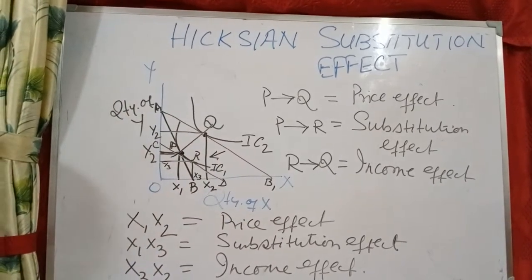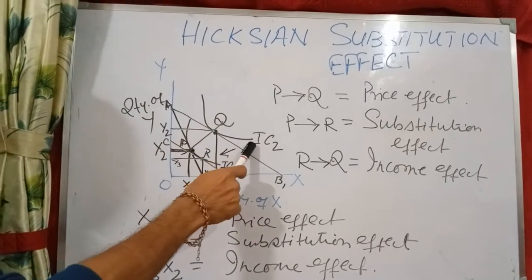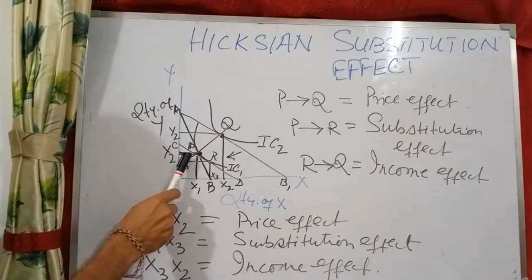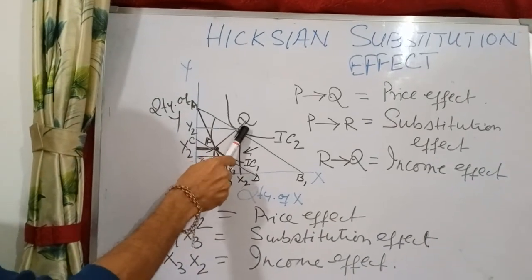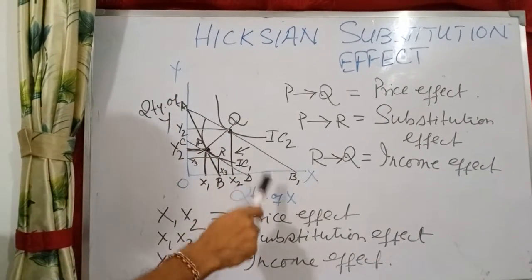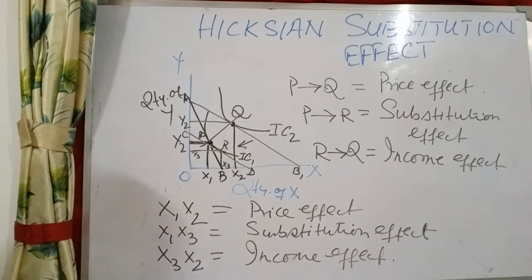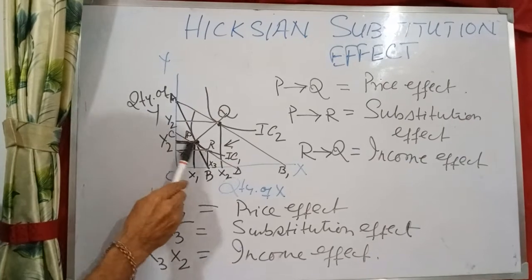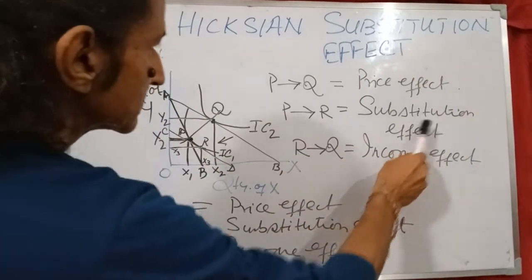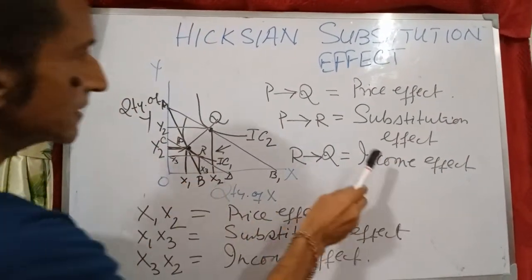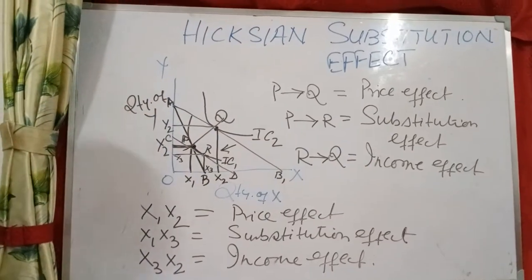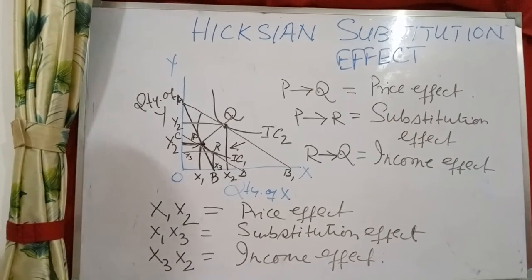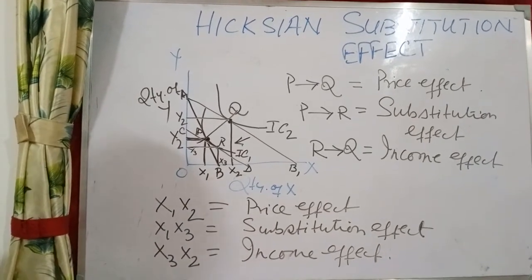The consumer moves to a higher indifference curve IC2 and higher point of equilibrium Q. So this movement from P to Q has taken place due to change in price, that is due to fall in price of X. Now it has taken place in two stages. P to R is substitution effect and R to Q is income effect. Okay. This is all about Hicksian approach to substitution effect.